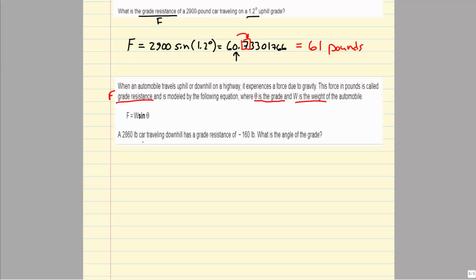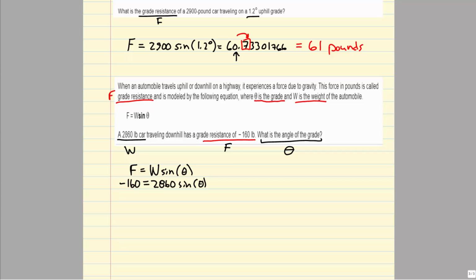So if we look at this, they're giving us a grade resistance. So in this particular case, the grade resistance is F. This is our weight, and we are looking for theta. This is what we don't know. So if we have F equals W sine theta, F in this particular case is negative 160 equals 2860 sine theta.